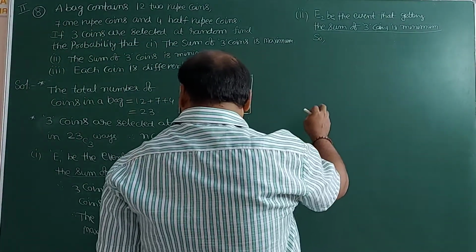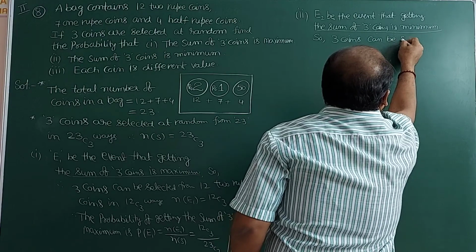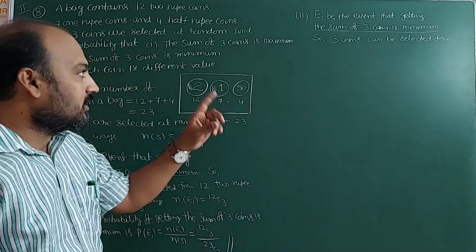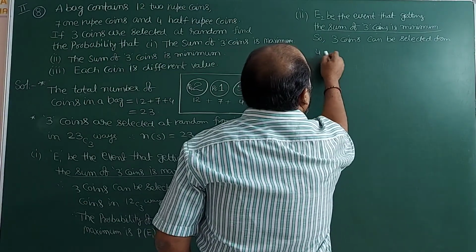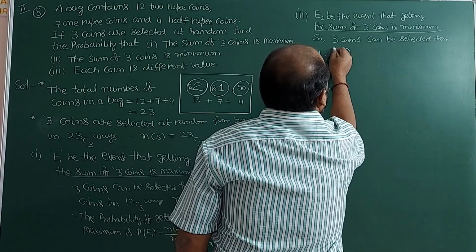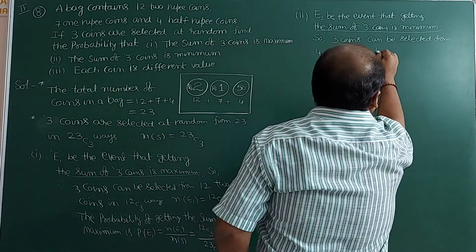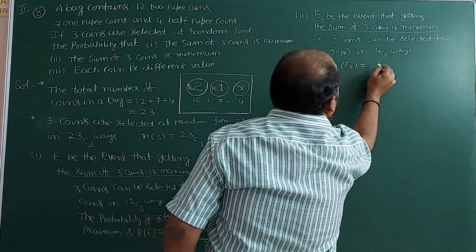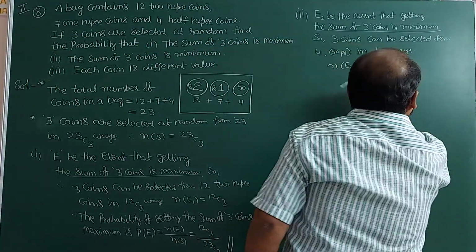So 3 coins can be selected from 4 50-paise coins in 4C3 ways. So n of E2 is equal to 4C3.